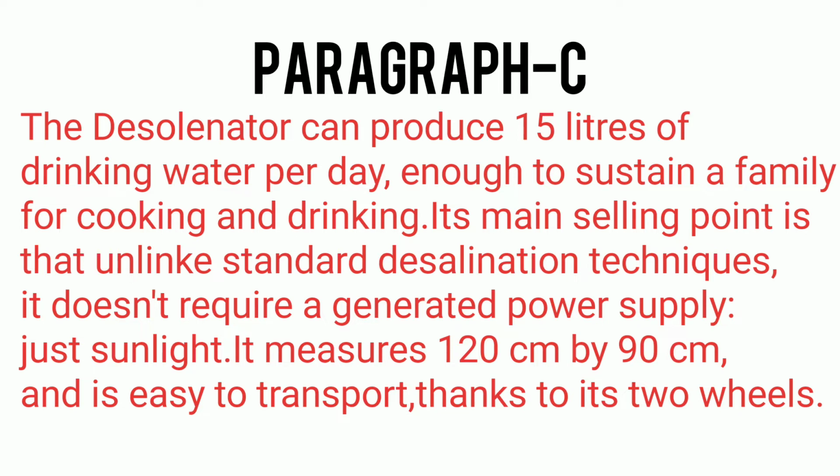So the second sentence is saying that its main selling point, the main attraction of this device, is that it doesn't require a generated power supply. There's something unique about this device: it doesn't require a power supply, only sunlight is enough to function. So let us see the headings.